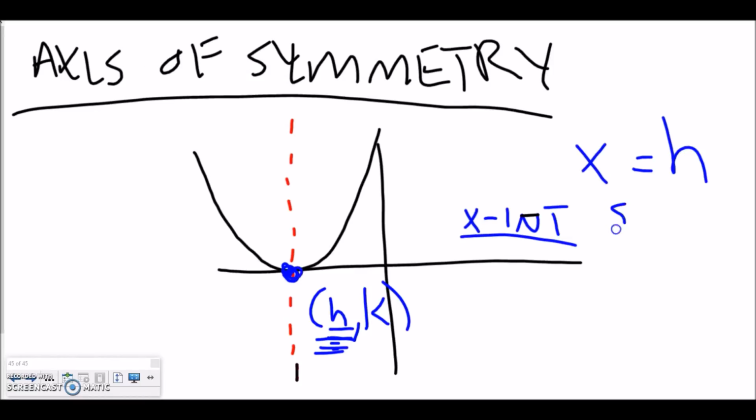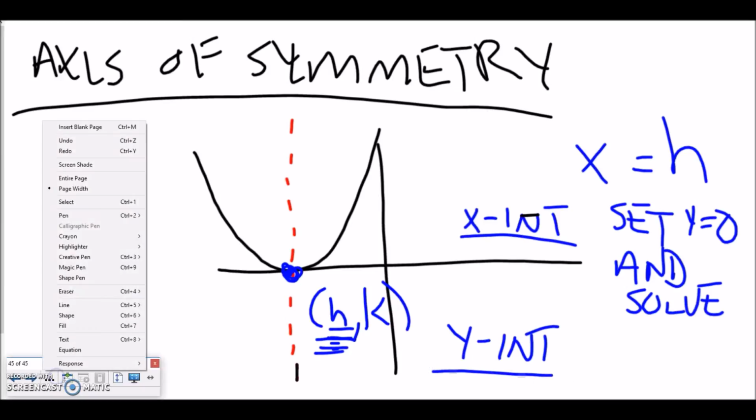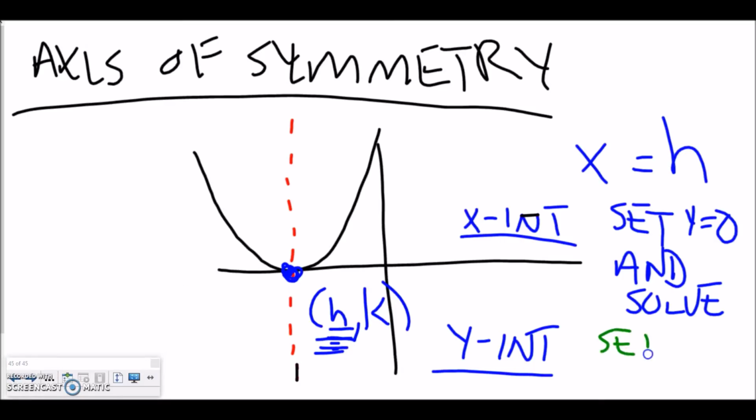That's easy. Set y equal to 0 and solve. What if I asked you to find the y-intercepts? What's the exact opposite of the x-intercepts? We would set x equal to 0 and solve.